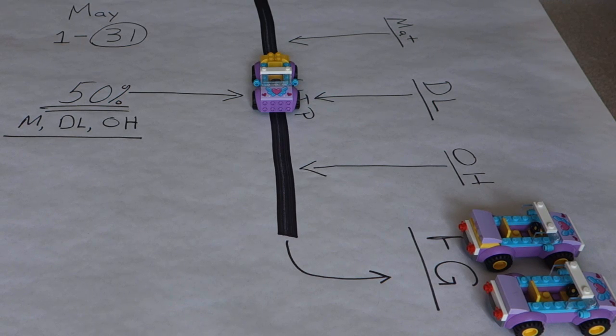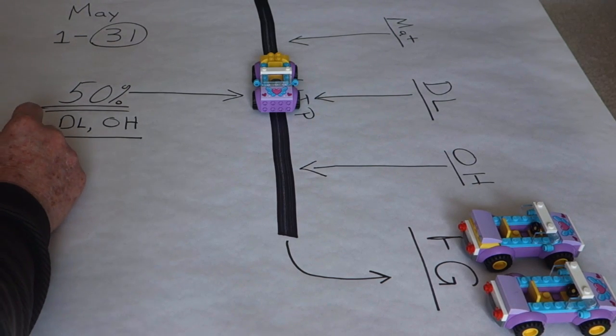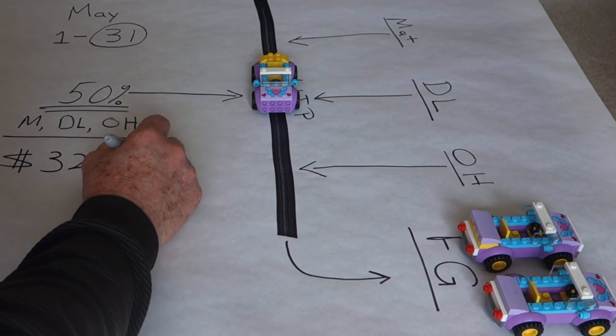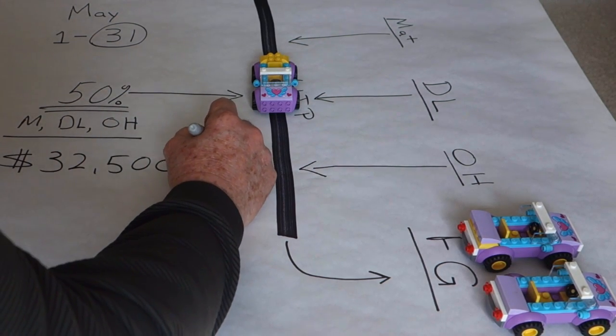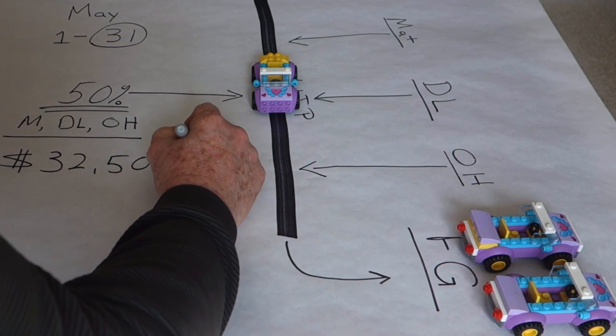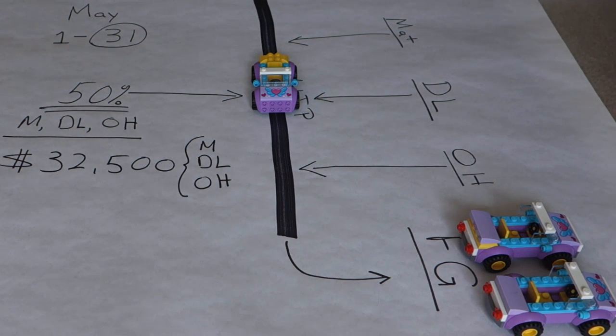And question number 2, if I spent $32,500 for materials, direct labor, and overhead during the month of May, if that was my total cost, what's my cost per unit? What did it cost me to make one of these cars?